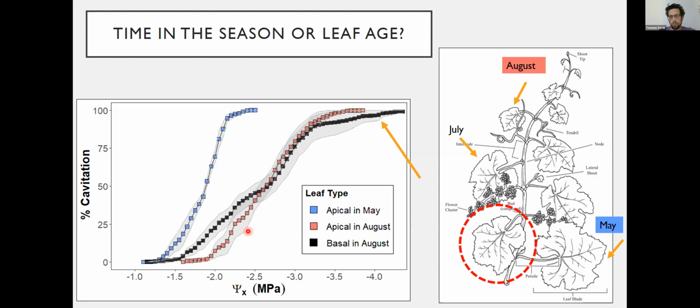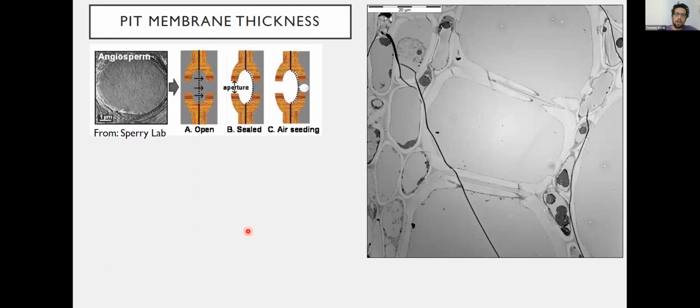Now, after we saw that a fully mature leaf can change its embolism resistance, we wanted to show how. We suspected that pit membrane thickness is related, because there are several papers that correlate pit membrane thickness to embolism resistance.